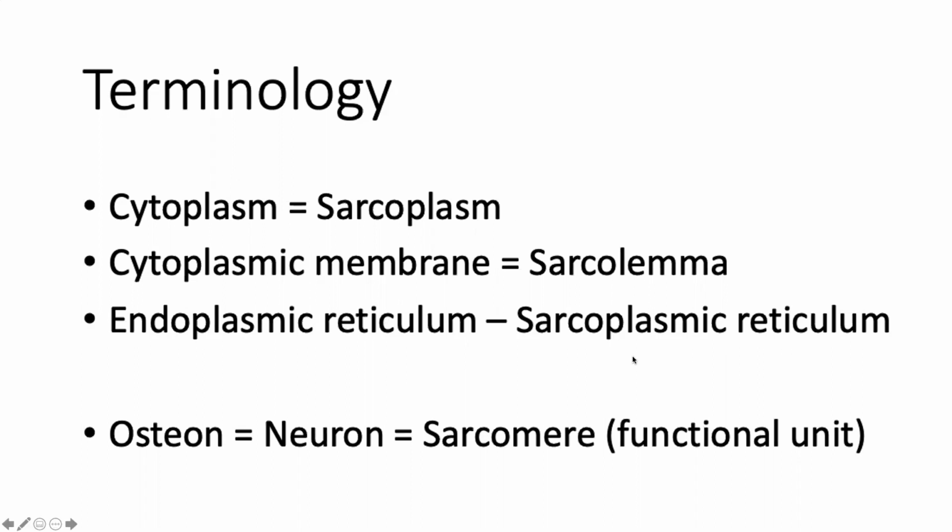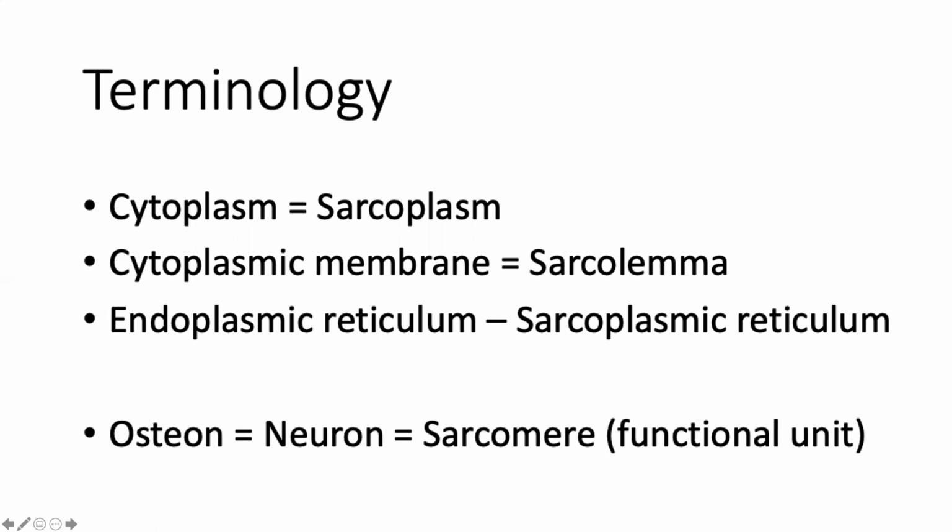And at the same time, what I want you to remember is that the sarcomere is the basic functional unit of the muscle organ. The neuron is the functional unit of the nervous tissue, and the osteon is the functional unit of the bone.